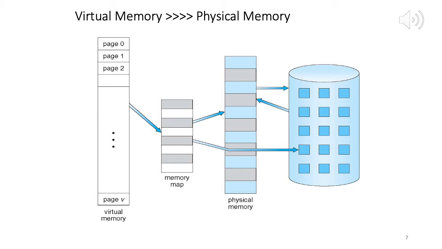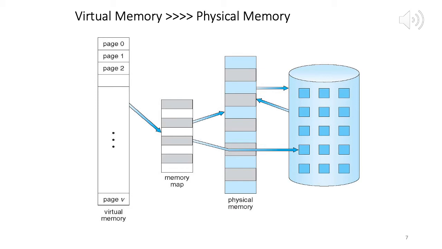So on the left we see the virtual memory, all the pages going from 0 to V, right? So we have V plus 1 pages, and on the other side we have our physical memory, and then we have a memory map. The memory map is nothing but our page table, right?